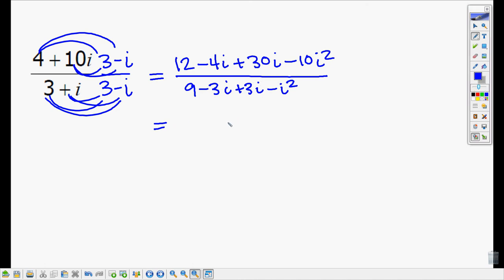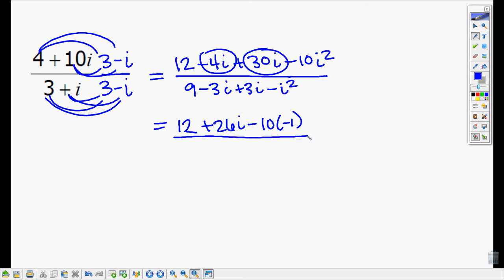So I'm going to combine like terms and replace my i squared all in the same step. So I'm going to have 12, a negative 4i, and a 30i. A negative 4i and a 30i is going to be a positive 26i, minus 10 times negative 1, all over. Again, we remember with those conjugate pairs that center term should disappear.